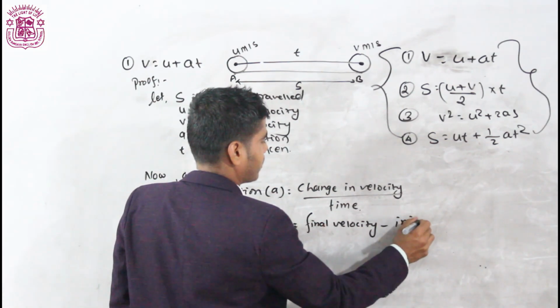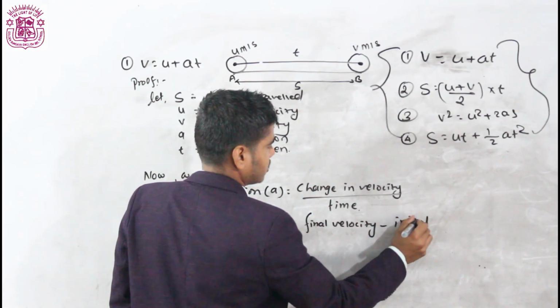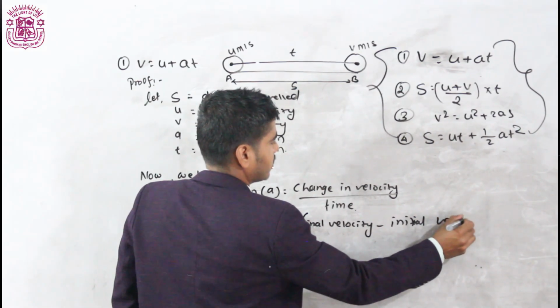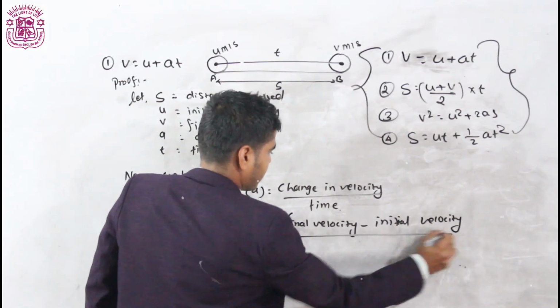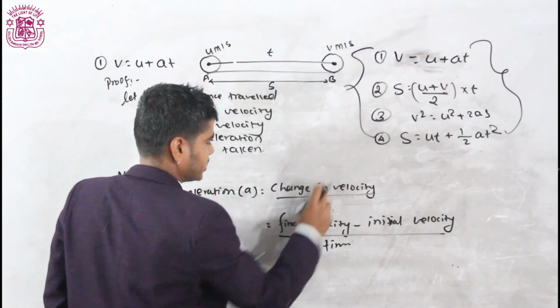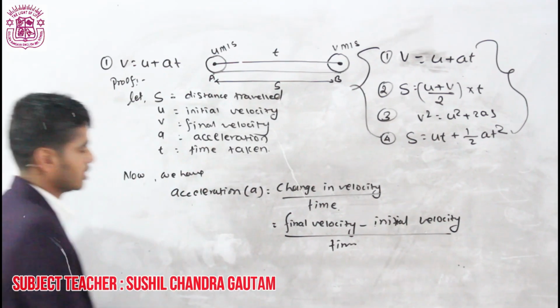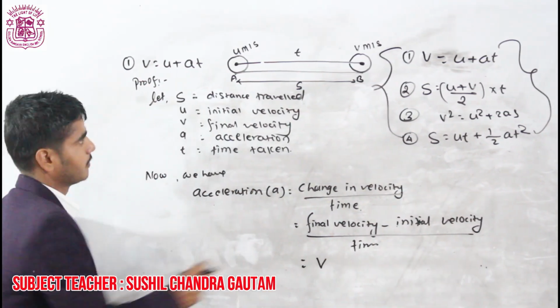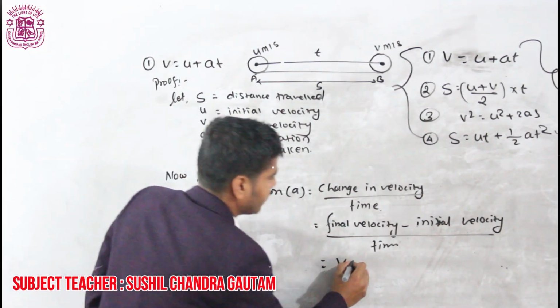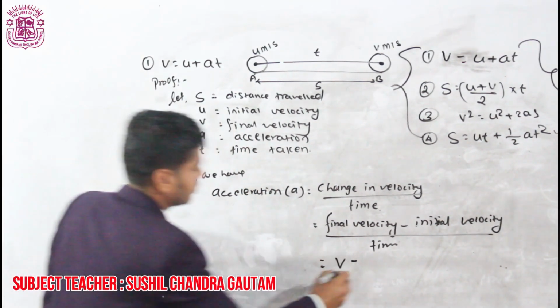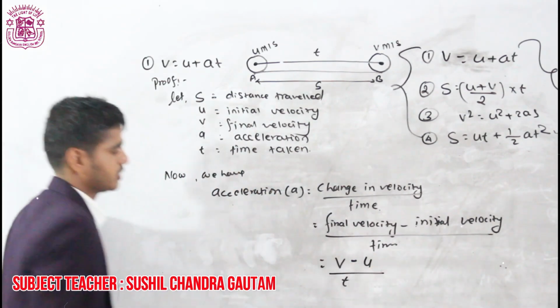Change in velocity means final velocity minus initial velocity. Final velocity is v, minus initial velocity is u, divided by t, which is time.